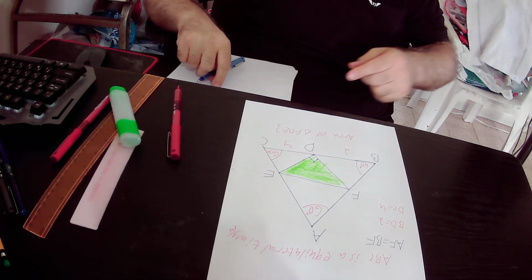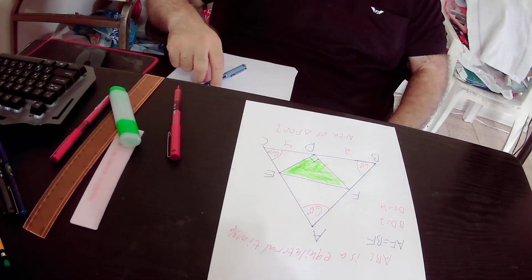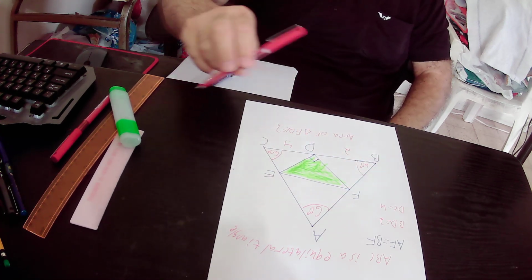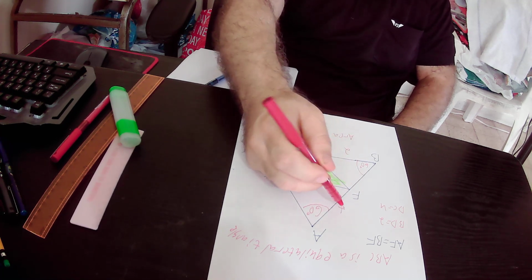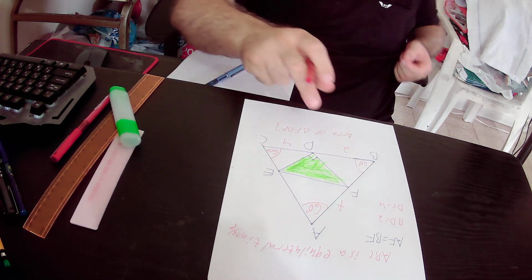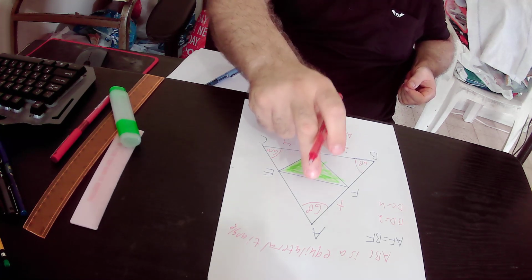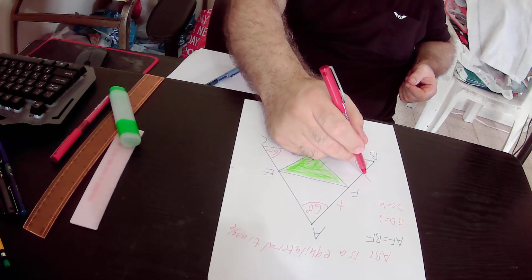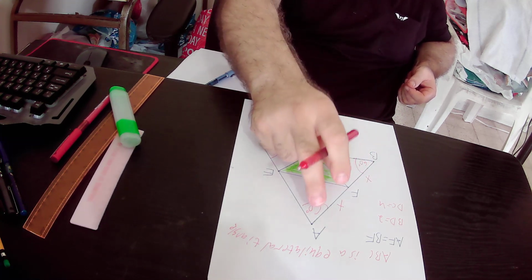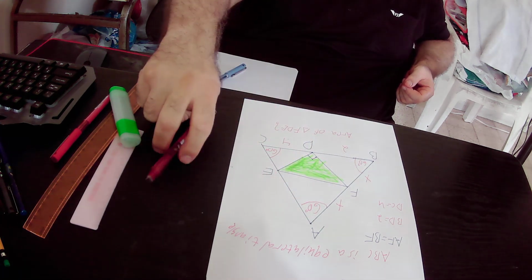And we know that AF equals BF. So we will define AF as X, that is to say AF equals X, and if AF equals X, then BF also equals X, and we know that AF plus BF equals AB, and AB equals 6 units.